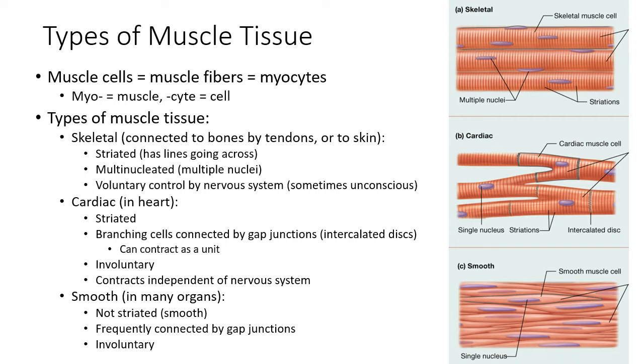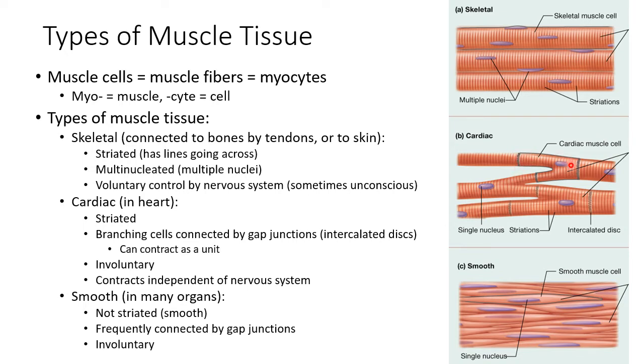For your cardiac muscle, that's only found in the heart. It is also striated, so it also has the little lines going across. But the cells are much shorter than the skeletal muscle cells, and they branch. And they're all connected to each other at intercalated discs.